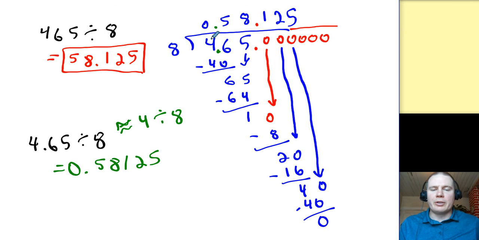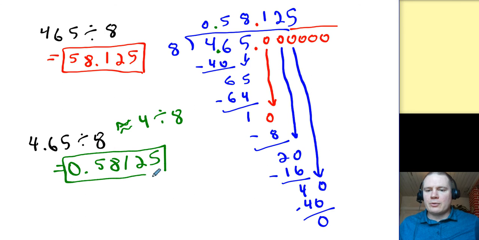So divide by 10 5 times. 1, 2, 3, 4, 5. There's my point. So I have 58,125 hundred thousandths. But I'm not going to write it as a fraction. I might say it as a fraction if I'm trying to be fancy. But once we get past tenths and hundredths, we often just say 0.58125 because it's just easier.